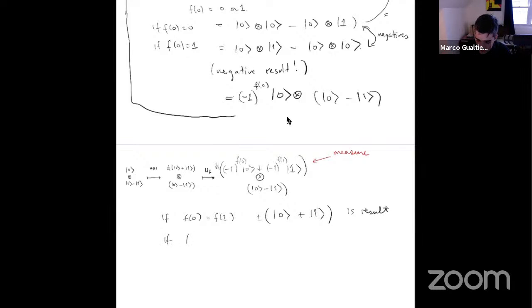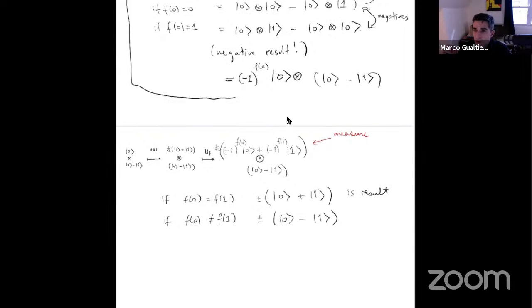If f of 0 is not equal to f of 1, then this is going to give plus or minus 0 minus 1. So this means that we are getting two distinct states, which exactly classify the function based upon phase.